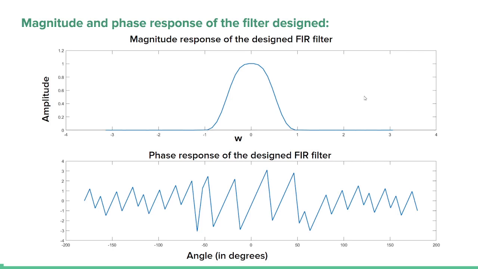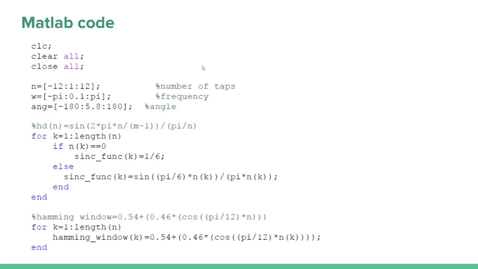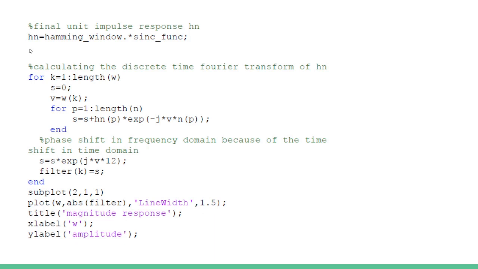Now let us have a look at the MATLAB code for this. Define the range of taps you need, and then the range of frequency. Our first task is to calculate the impulse response of the ideal filter. Then calculate the windowing function. Now obtain the final unit impulse response by multiplying the windowing function with the ideal impulse response.